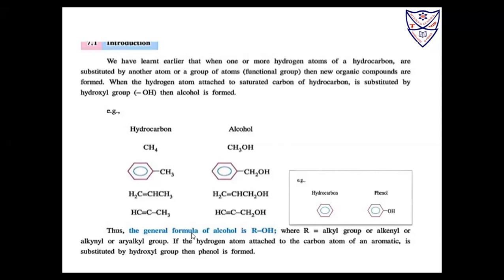The general formula for alcohol is ROH, where R is an alkyl group or an alkenyl or aryl alkyl group. If the hydrogen atom attached to the carbon atom of an aromatic ring is substituted by the hydroxyl group, then phenol is formed. So these are all the products of alcohol.